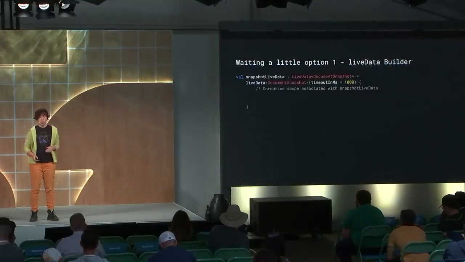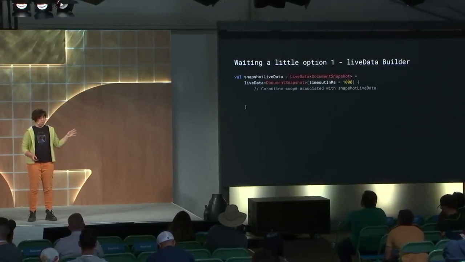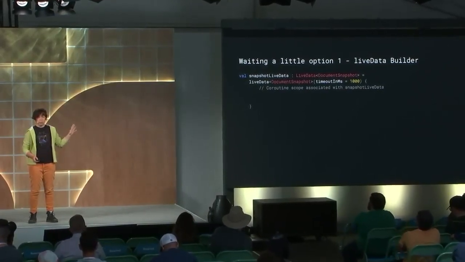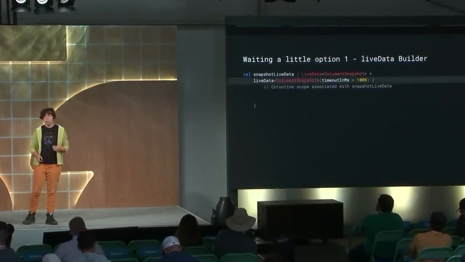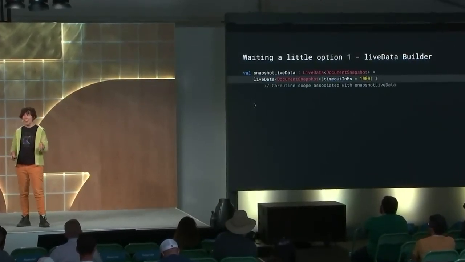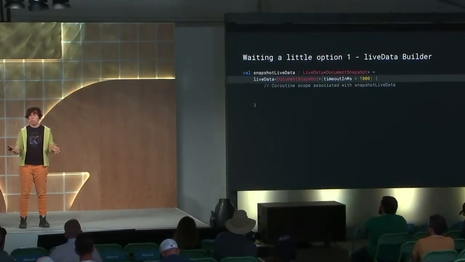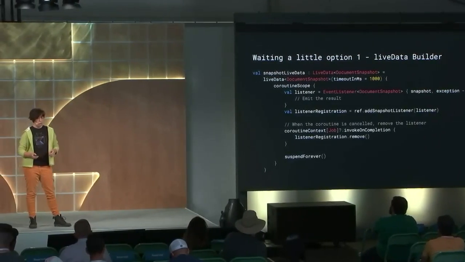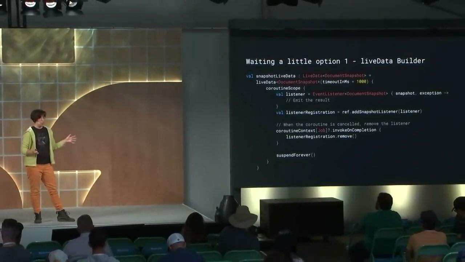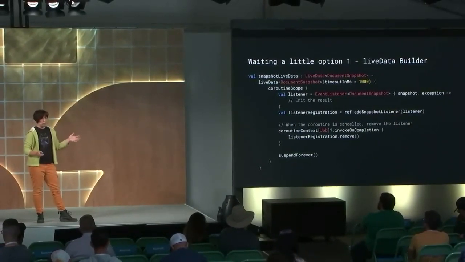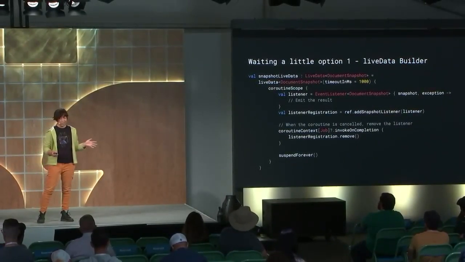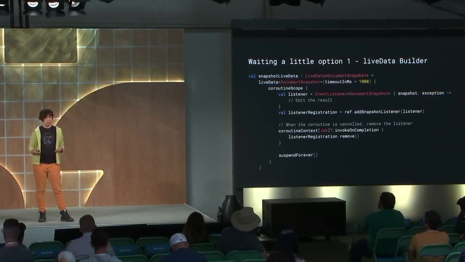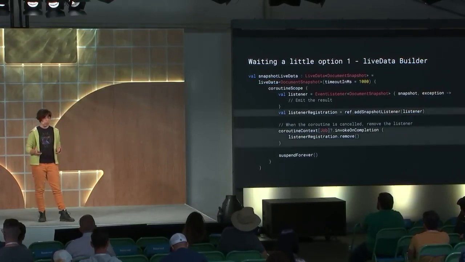OK, so let's take a look at how we might implement this. Here is us getting LiveData using the LiveData builder. Notice that you pass a timeout into that. That's the amount of time that it will wait before canceling your coroutine. All right, this coroutine code, I have to admit, is fairly complex, so take a photo or go back online after the end of this talk. But the main idea here is that you can put your listener registration code in here.